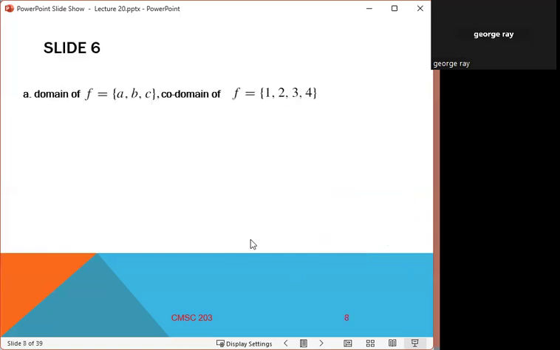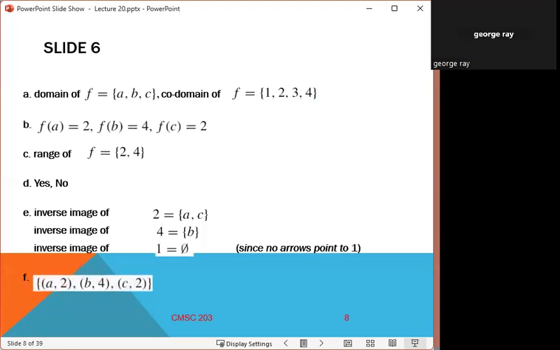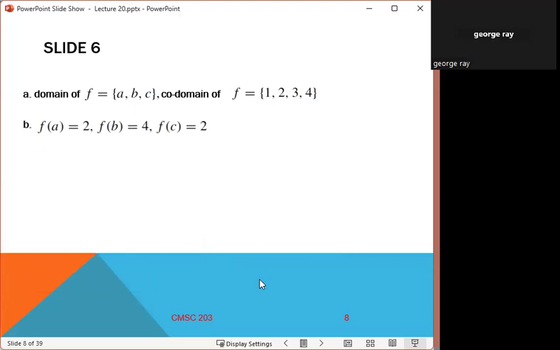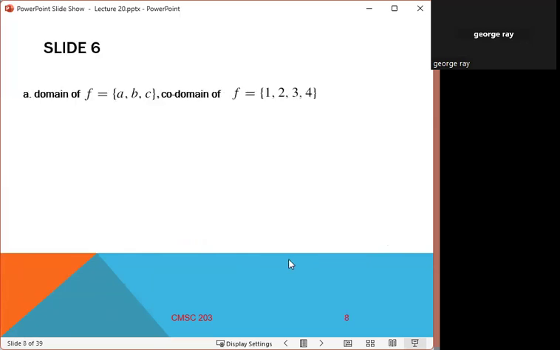And then the function as a set of ordered pairs is here: (a, 2), (b, 4), (c, 2). Of course, the inverse image of 1 is null because there is no relationship between 1 and any of the elements in x. So we have (a, 2), (b, 4), and (c, 2) as our ordered pairs in the function.